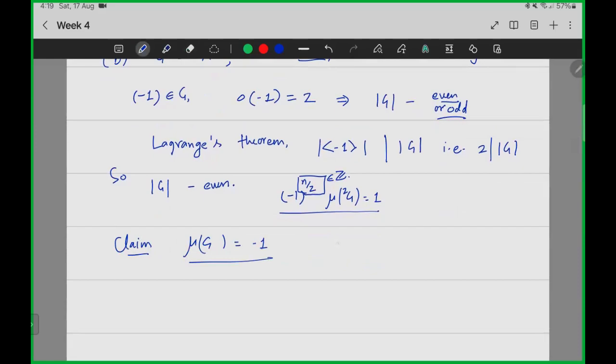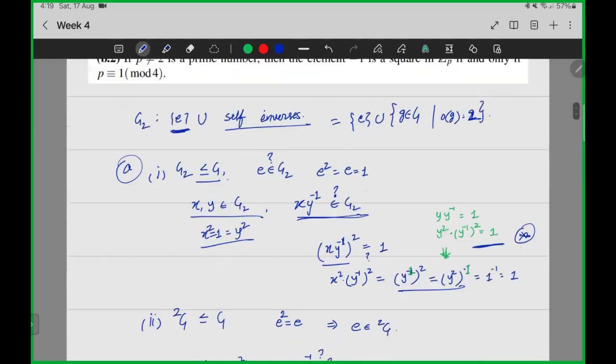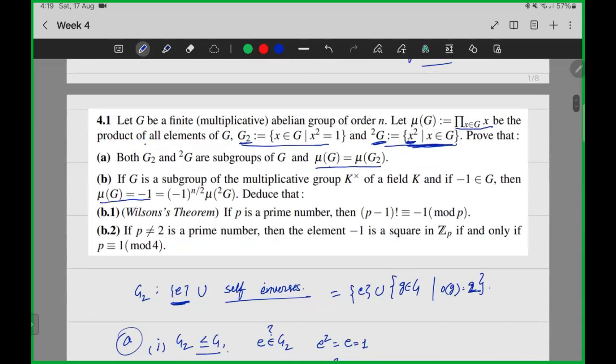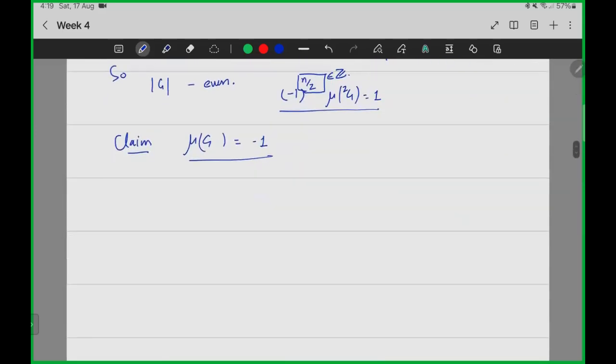So mu of g is -1 from mu of g2. Yeah, mu of g is -1. Anyway, first in the A part, wait a minute. What we have shown, mu of g is the same as mu of g2, right?